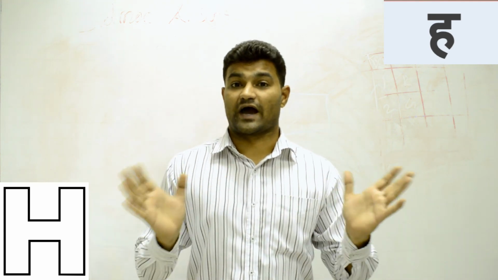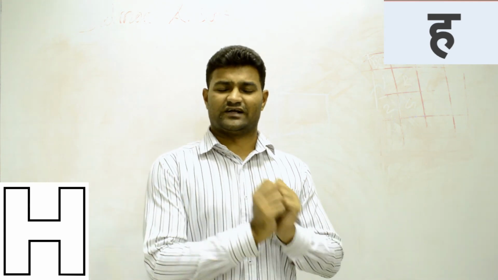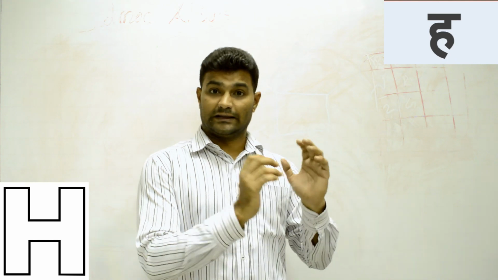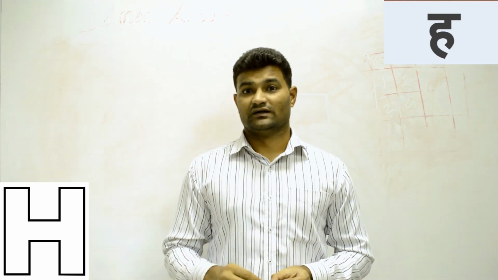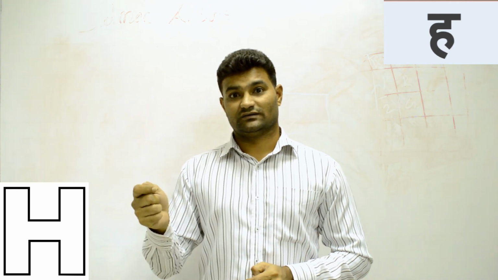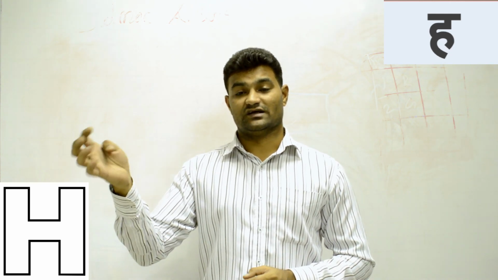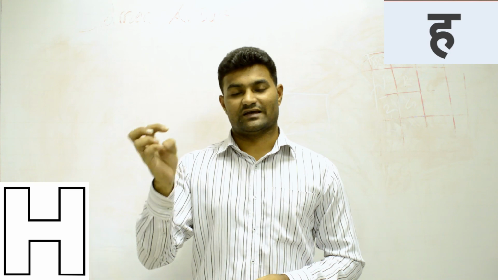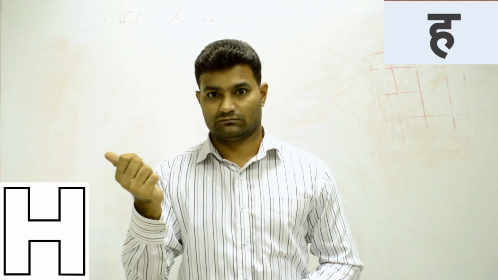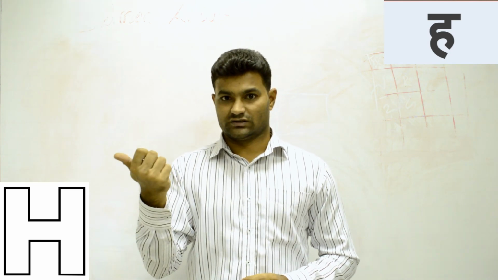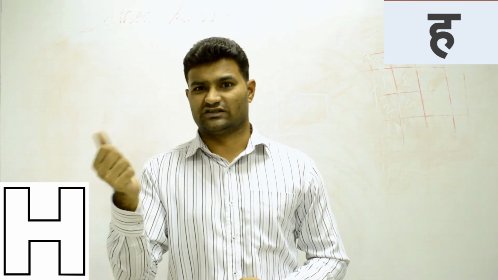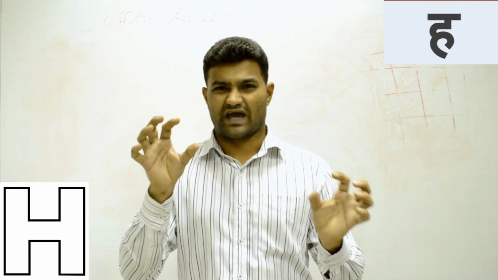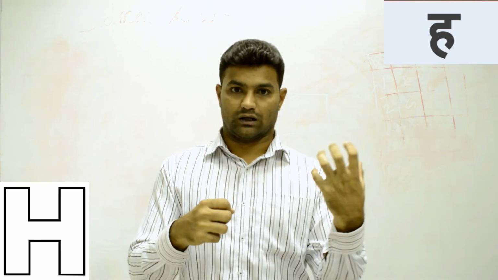If you see the sound, we have a clear pronunciation of this word H. But for them the H is not H. They are not saying A, B, C, D, E, F, G, H. They are saying A, B, C, D, E, F, G, H. So it is quite a problem. The H, how it becomes H.